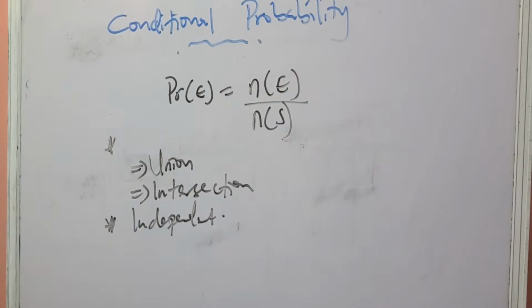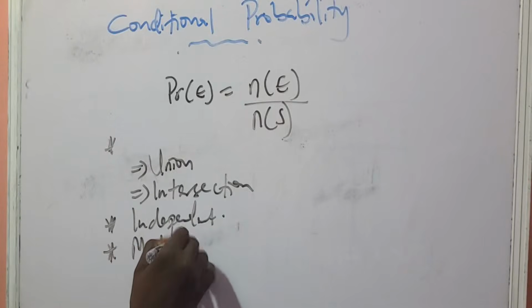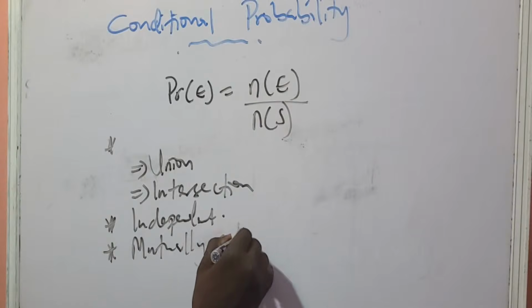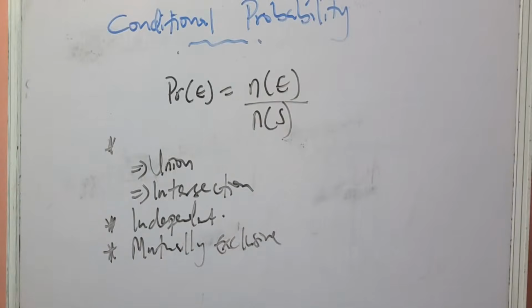And finally, for the night, we went on to talk about mutually exclusive events. All right. Now, this is where we stopped the last class. And if we have enough time, we'll continue from here.